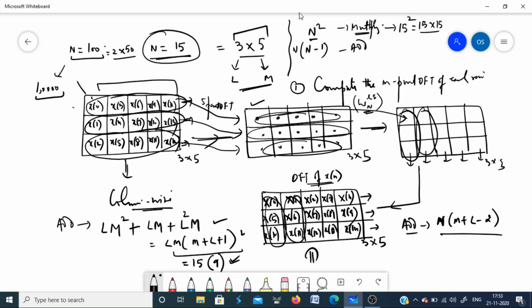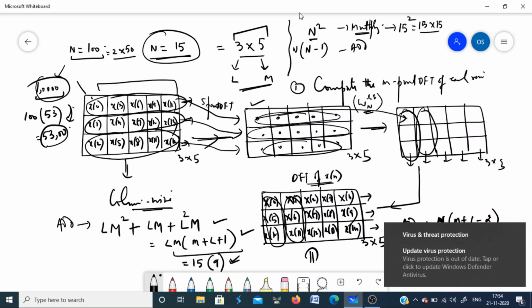But using this, if I decompose into 2 into 50, I need how many multiplications? LM is 100, and 100 into (50 plus 2 plus 1), so it is 53, that is 5300 only. In the other case it is 10,000, so it is almost half. So the speed will basically improve. That is why we say that FFT is faster compared to the direct computation of DFT.